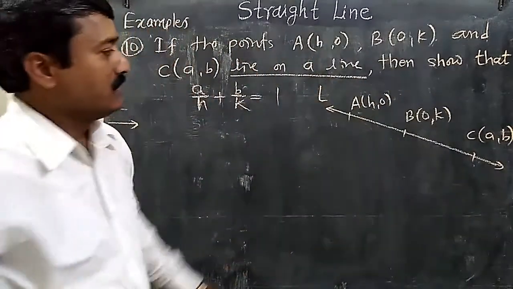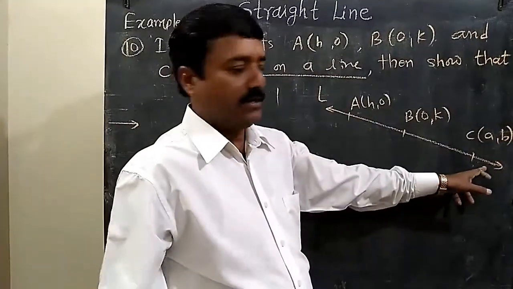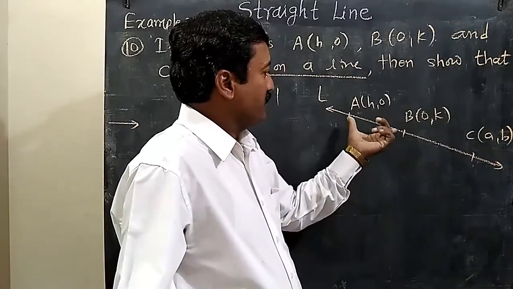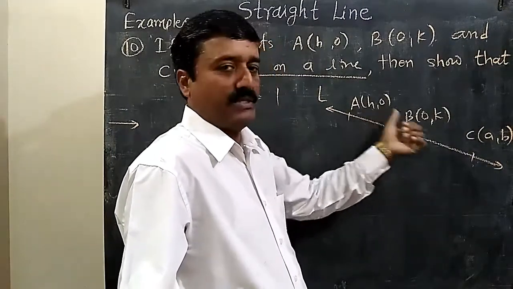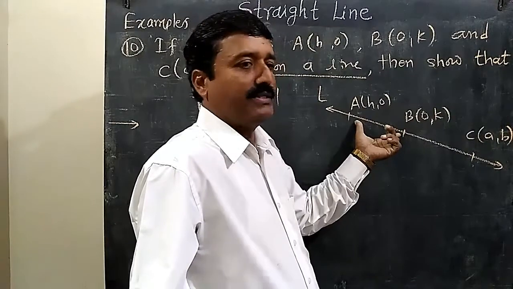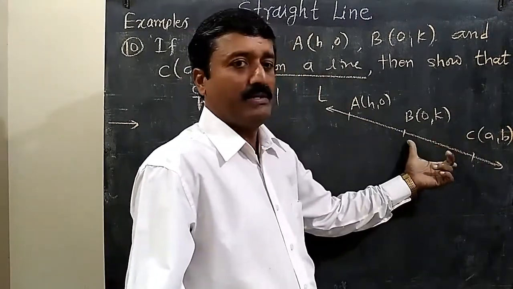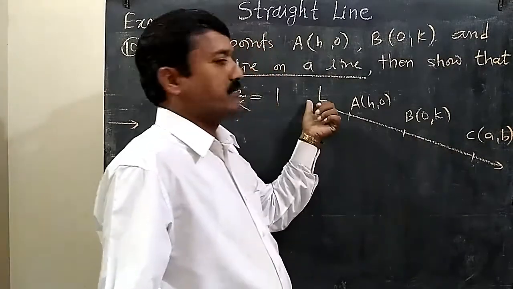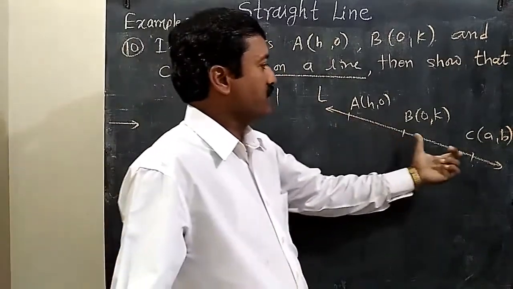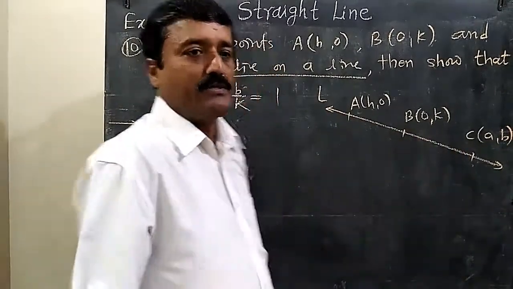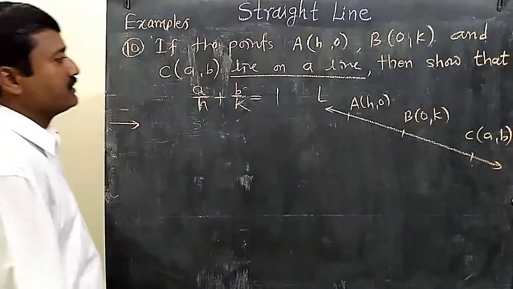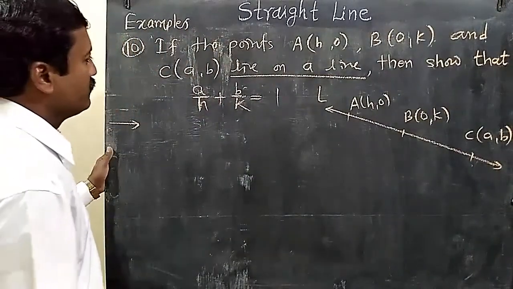So these 3 points are collinear. If we find the slope using points A and B, we get slope of AB, that is nothing but the slope of line n. If you use points B and C, you get slope of BC, which is also the slope of line n. So slope of AB and slope of BC are obviously equal. Let us use that way.